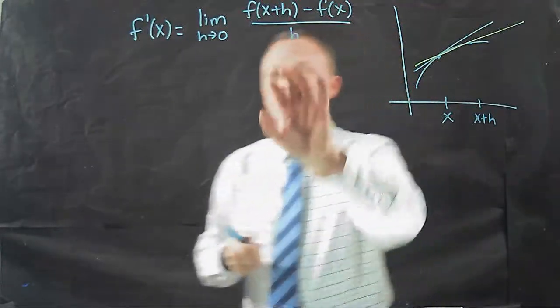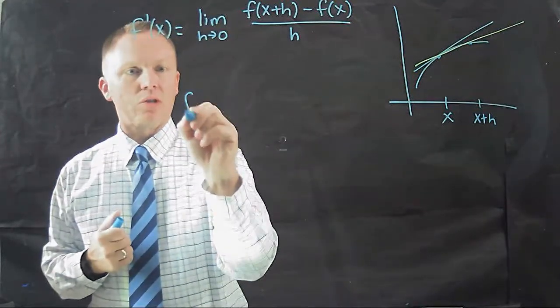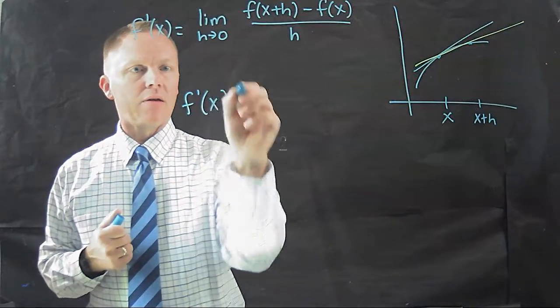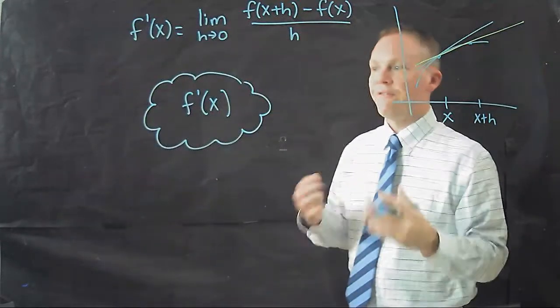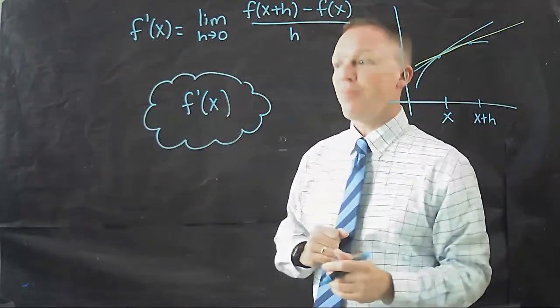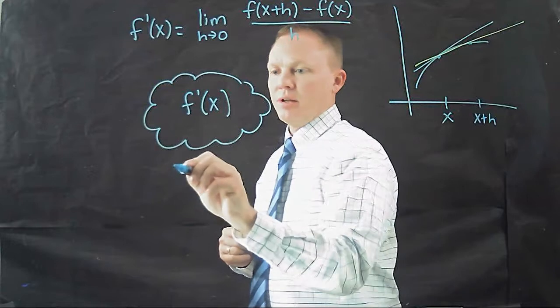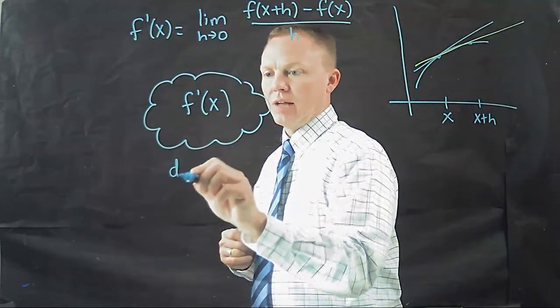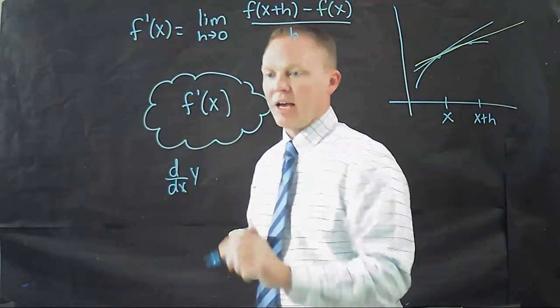But when you do this limit on a function, your answer is going to be a function that we call f prime of x. It's also known as the derivative of y with respect to x.